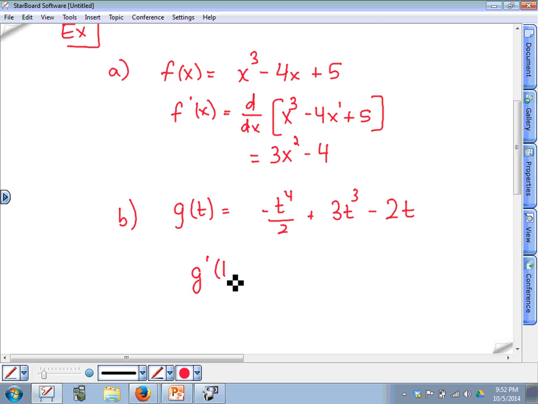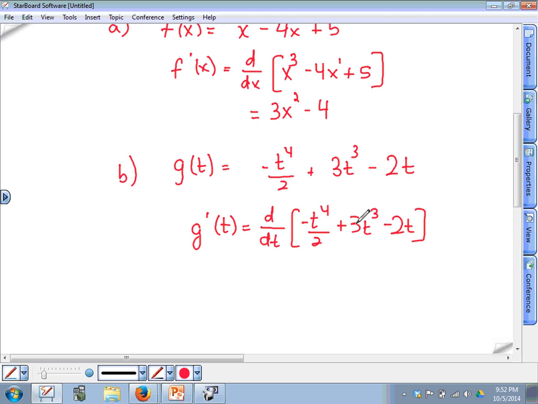So the derivative, g prime of t, it is the derivative with respect to t of the entire original function. Make sure I write it correctly this time. But again, since it's the sum or difference of individual terms, you can just take the derivative of each individual term as if it were its own function.